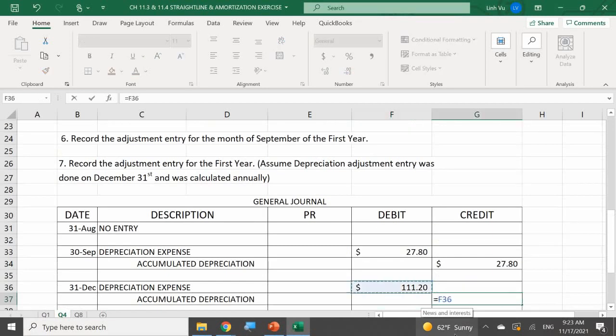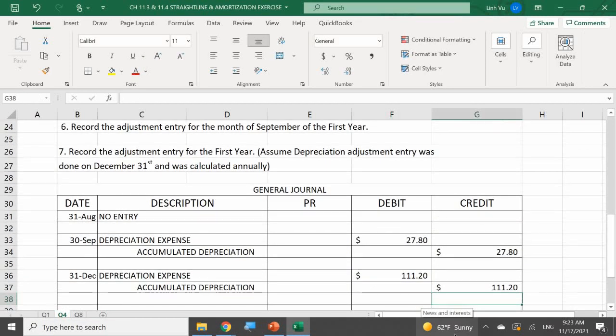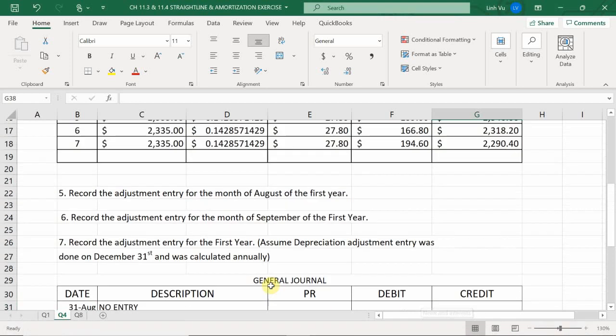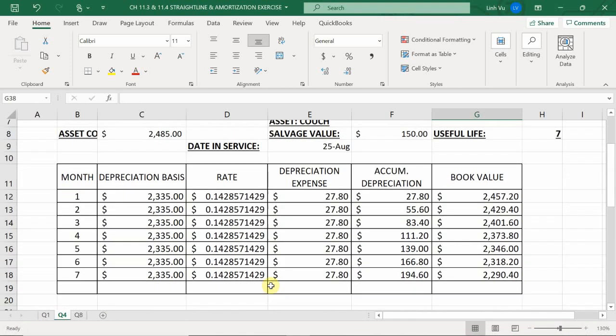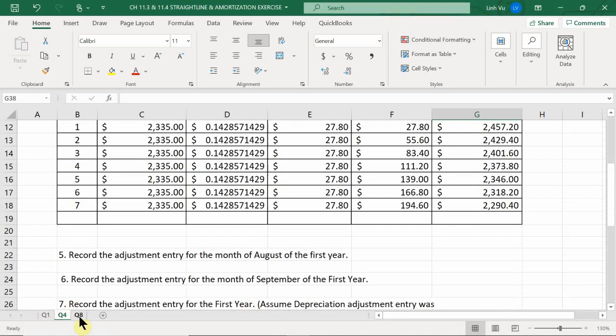So in this case, yes, it's going to be 2780 times 4, which I can simply look at my chart and know that at the end of month 4, I've already accumulated up to $111.20. Okay. Any questions here? No. Okay.